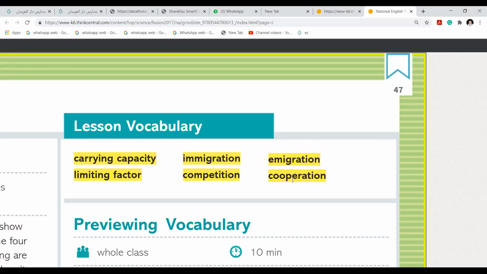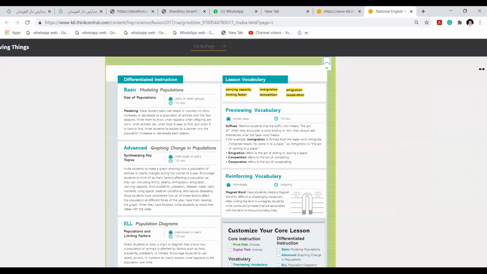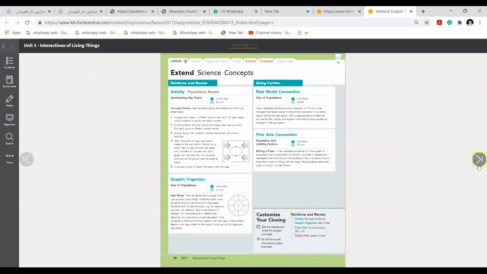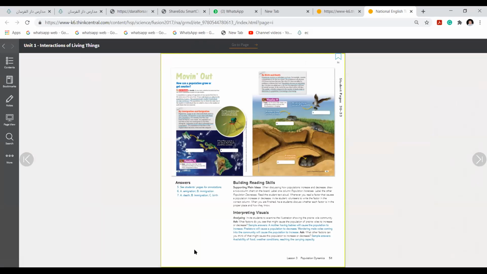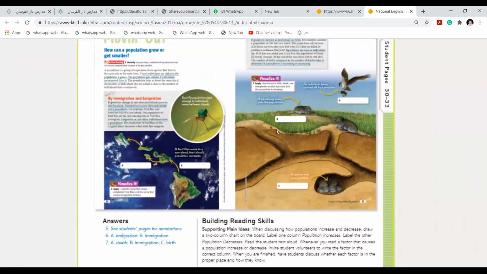In cooperation, you remember last year we studied mutualism, how one of the animals is affected and the other is not affected. I think that was symbiosis. Host and parasitism. Yes?